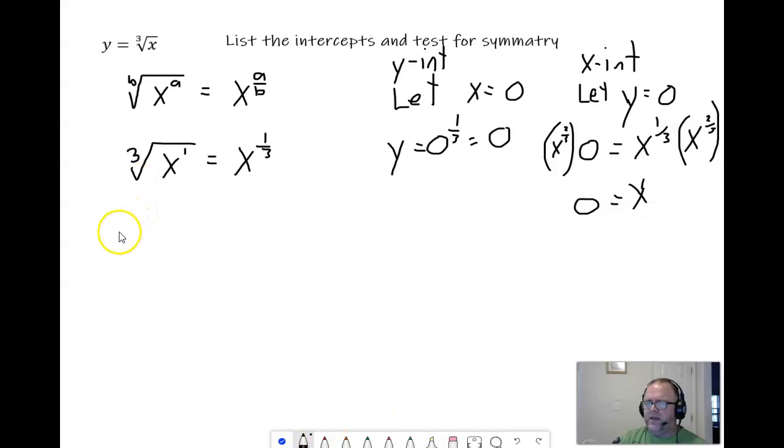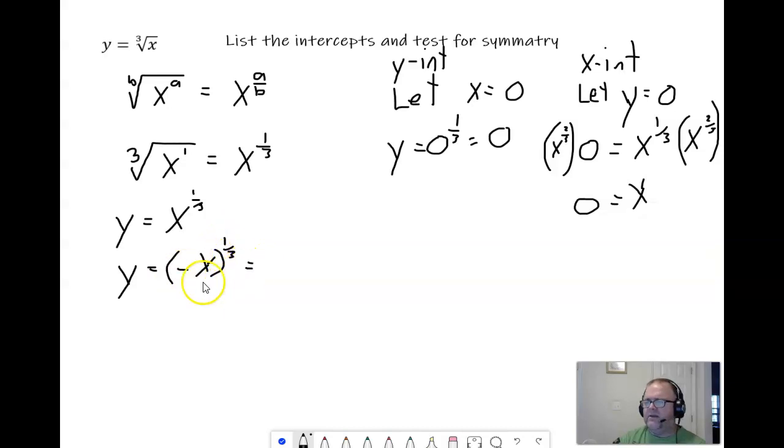I'm going to write the function down again. So y is equal to x to the 1/3. And in order to check to see if this is reflective across the y-axis, I'm going to replace x with negative x. Negative x to the 1/3.